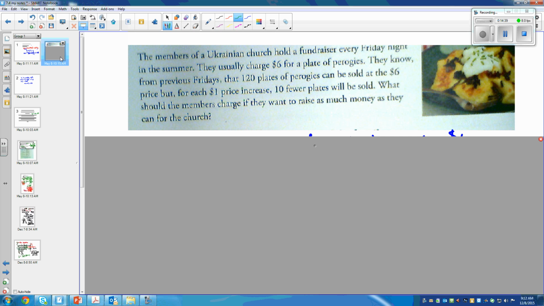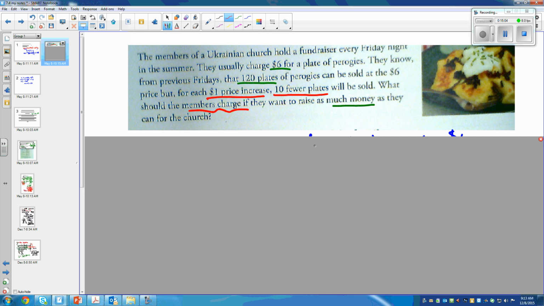So we're looking for a maximum kind of thing, right? So we want to look for a maximum. And they give us some information, right? They usually charge $6 a plate. 120 plates sold for that $6. Okay? But if they increase it by $1, 10 fewer plates will be sold.